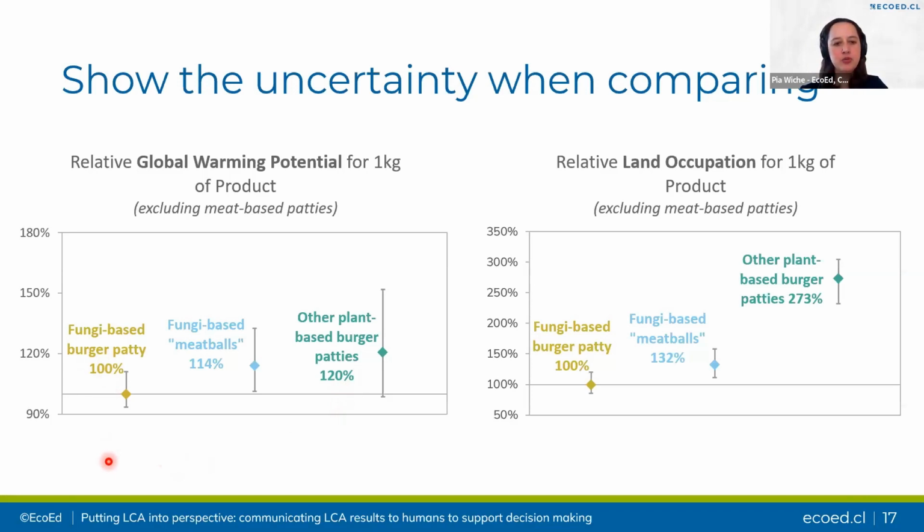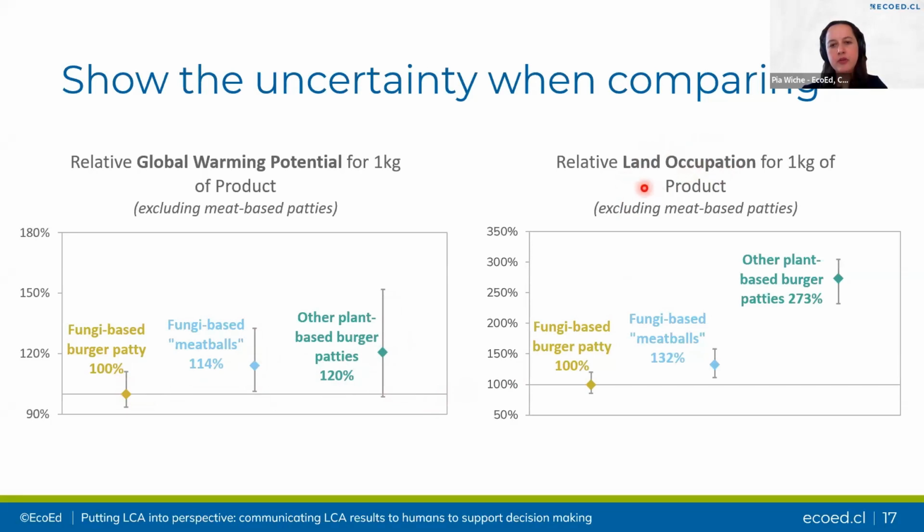And it's actually not so true, because if you look at how the uncertainty bars overlap, that means you can't really make a clear decision on what is bigger than what. Because of the uncertainty, you don't really know where this dot is. This is just an average, but it could be anywhere within the bar, with a 95% confidence. And so you can't really tell which one is bigger than the other one.